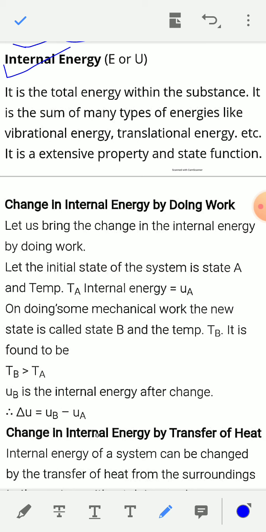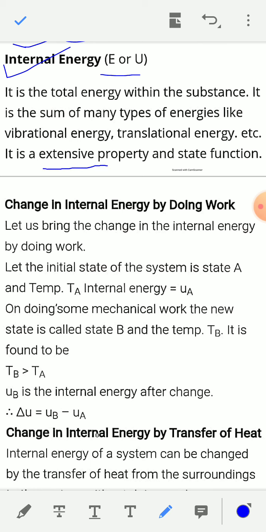Internal energy is generally represented by capital U. It is the total energy within the substance, and it is the sum of many energies like vibrational energy, translational energy, rotational energy, kinetic energy. The sum of all types of energies is known as internal energy. It is the stored energy within a substance, and it is an extensive property.